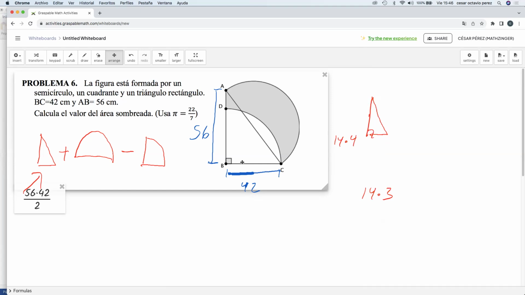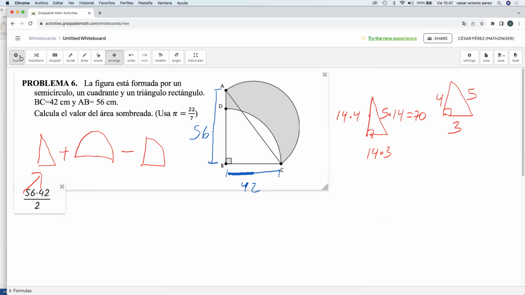It's a very special triangle. Es una terna pitagórica. It's a Pythagorean triplet. It's the triangle 3, 4, 5. So this is 5 times 14. We can do all the Pythagorean theorem. Okay. This is 70.